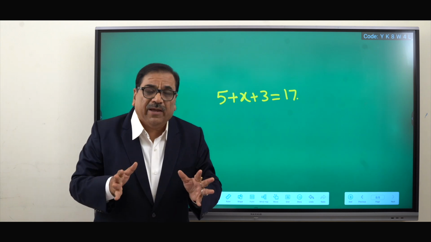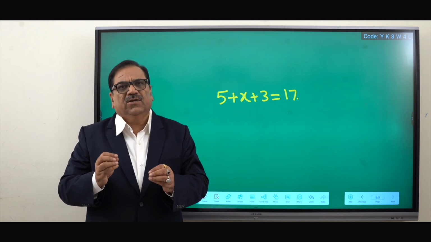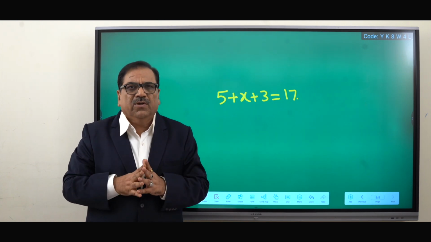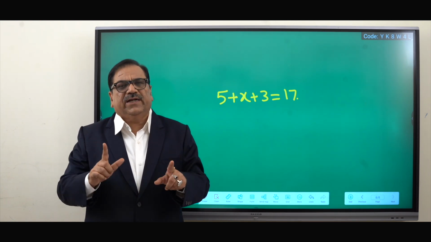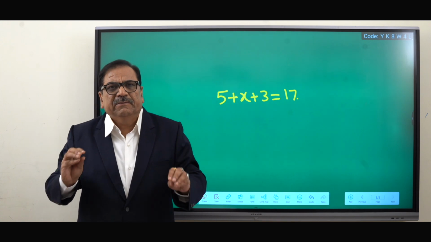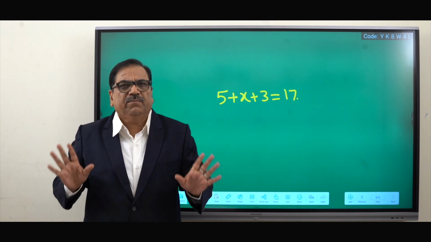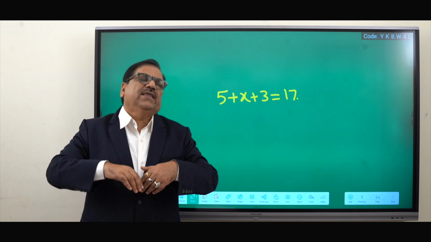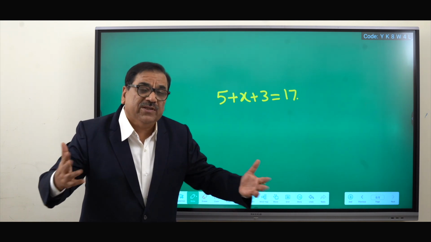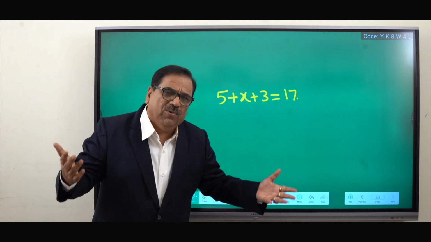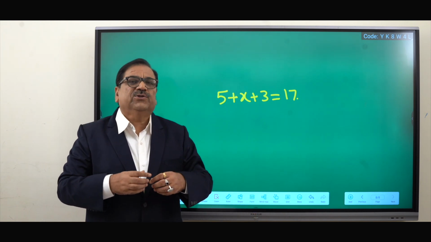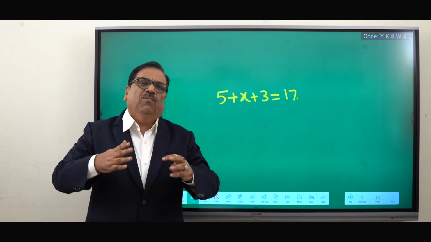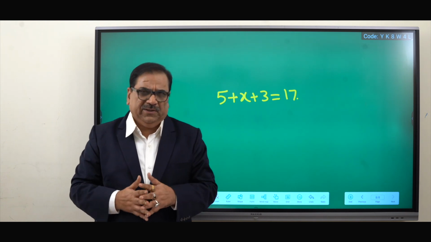We can multiply both the sides of the equation by any number except 0. We can divide both the sides of the equation by any number except 0. There are other operations like squaring both the sides, making cube of both the sides, or taking the square root of both the sides. And later on you will understand some more operations in higher mathematics.